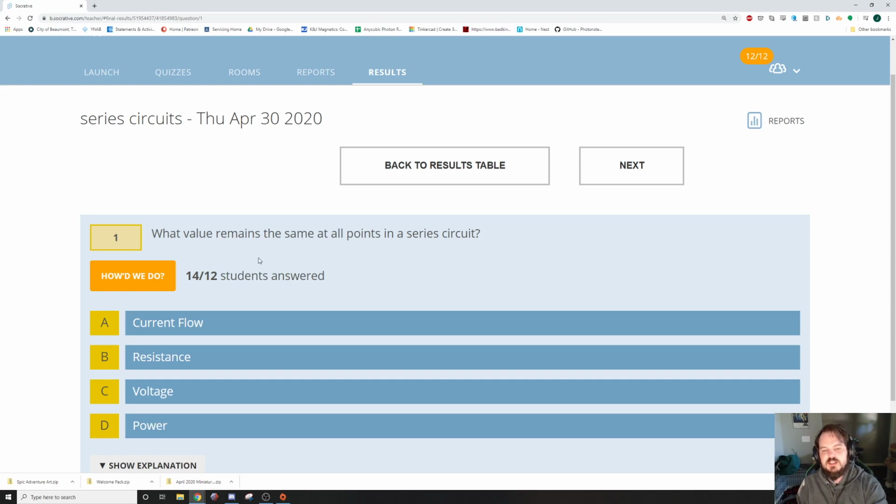What value remains the same at all points in a series circuit? Well, that is going to be current flow. In a series circuit, there's nowhere else for current to go. So once it leaves the battery, it has to make its way back to the battery in the circuit.